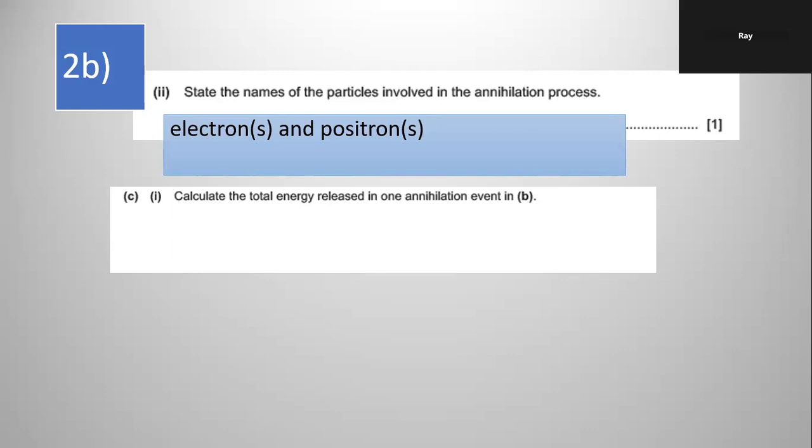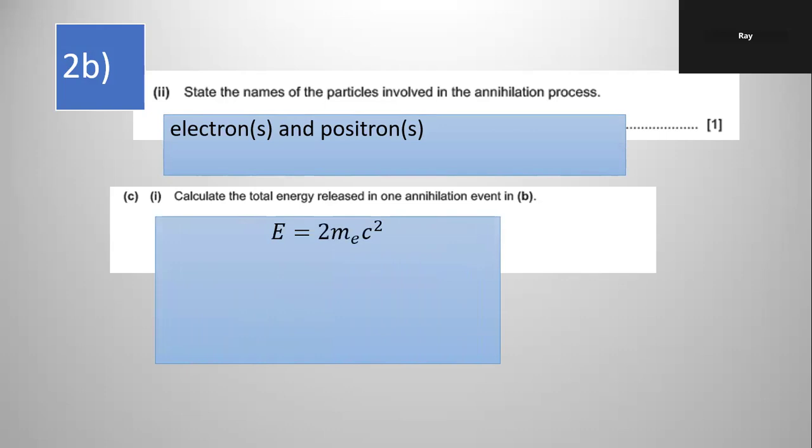Calculate the energy released in one annihilation event. This one you should be able to do, we have done that just now. There is the mass of the electron and the mass of the positron, so we use E equals mc squared, with the mass of the electron, same as the mass of the positron, and the speed of light obtained from the data sheet.